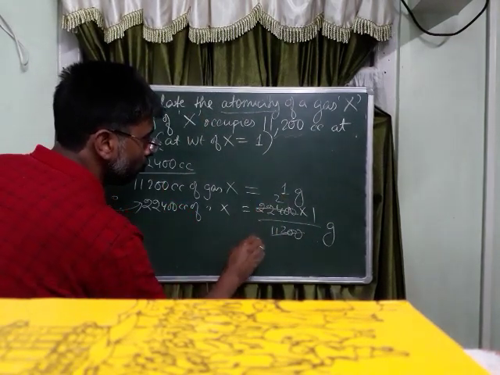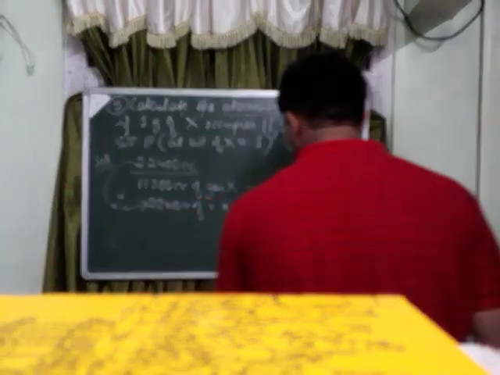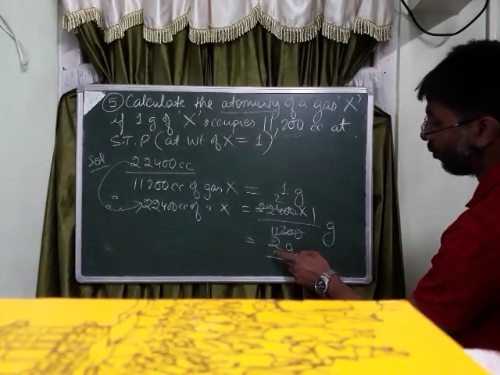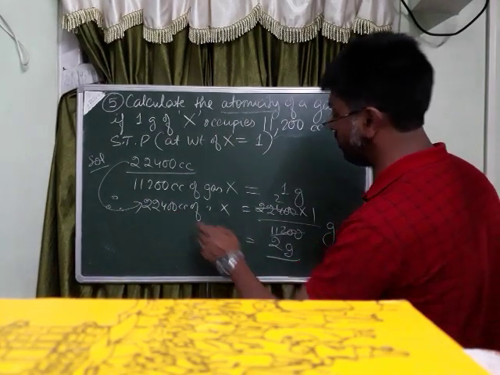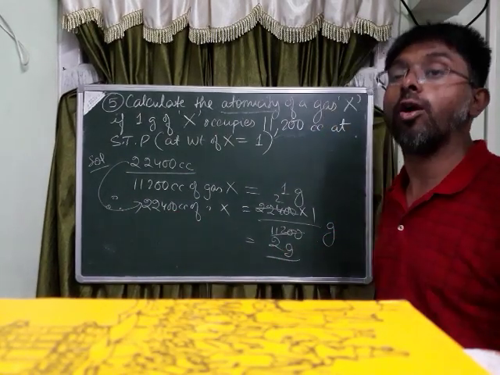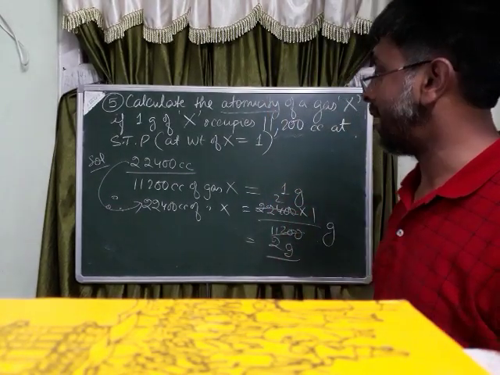On simplification, I will get 2 grams. This 2 grams, which is the weight of the gas corresponding to standard molar volume, is called the molecular weight of the gas.